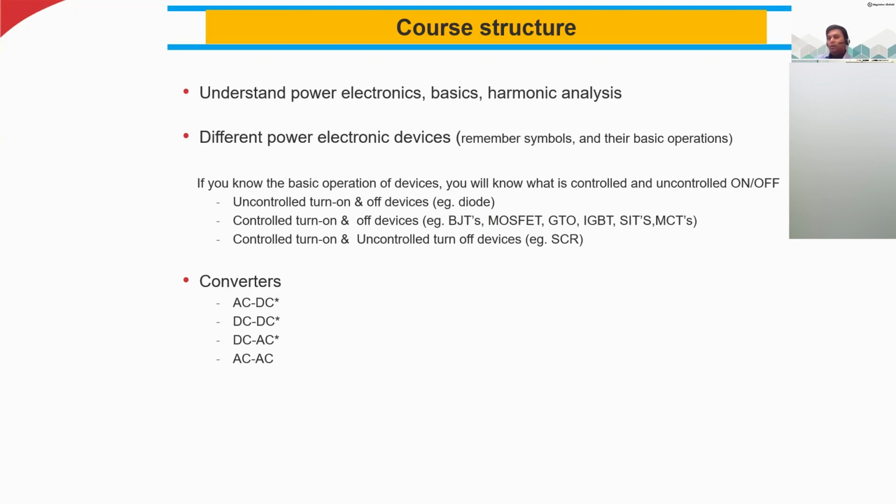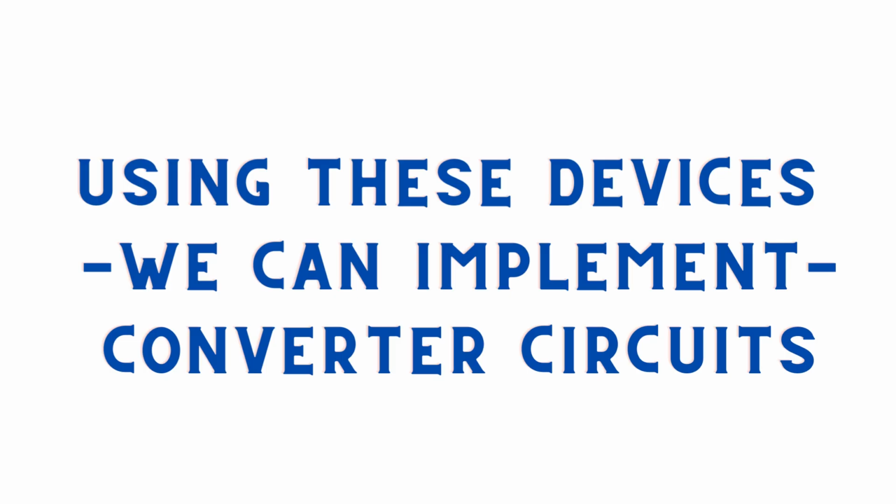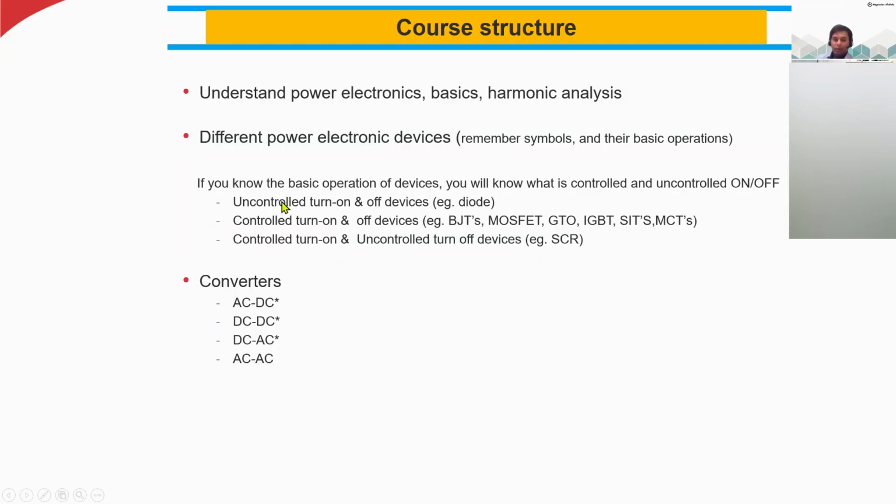It means that even after you cut off the gate power supply, once the device is on, it is going to continuously stay in the on condition. One of the best examples is SCR, silicon controlled rectifier. We will see the detail of SCR later in the lecture. These are three important categories. These devices we are going to use in these circuits.